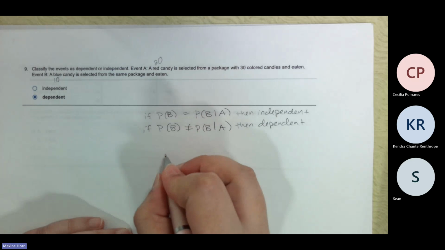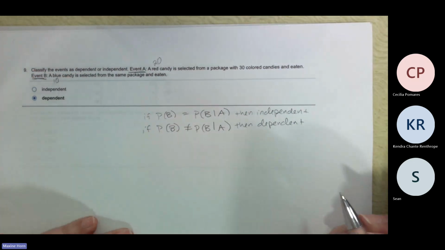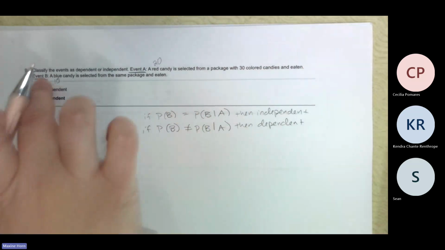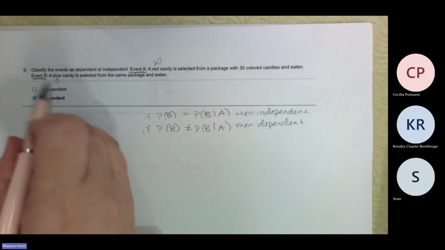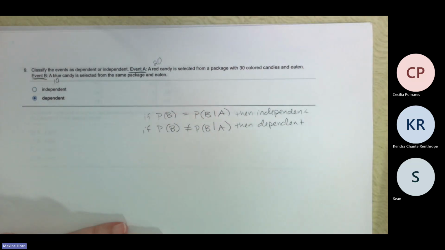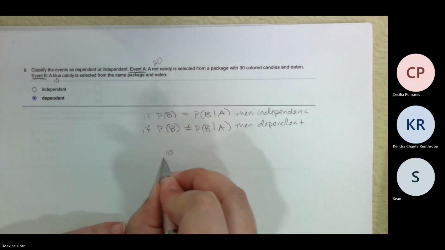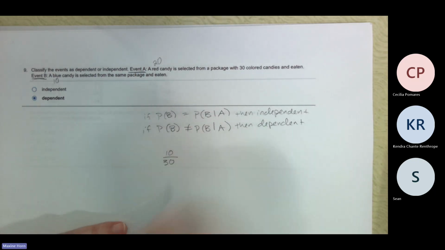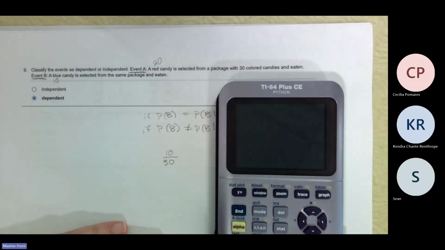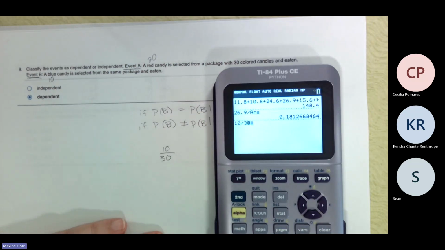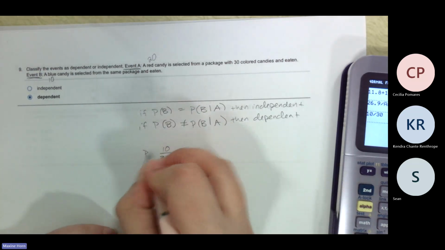So this is A, right? And this is B. So if we ignore A and just calculate B, a blue candy is selected from a package and eaten. So that would be 10 out of 30. Okay, so that's going to give us 0.3 repeating. That's the probability of just B.